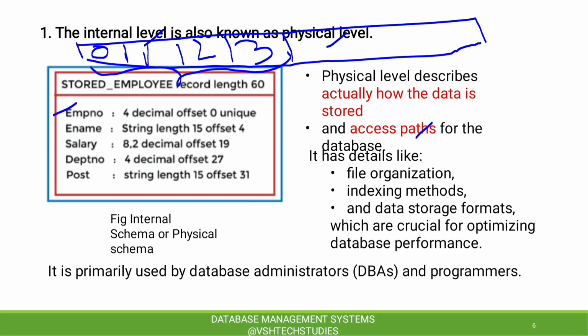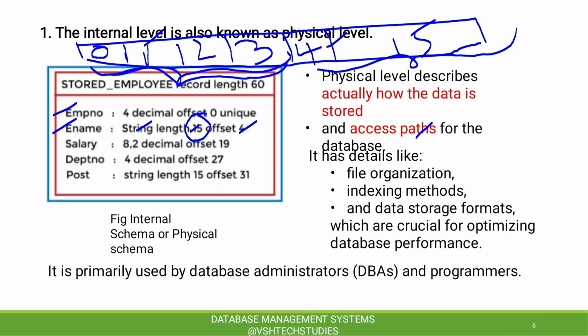Okay. So next column, if you consider E name. What kind of data? String, means characters. Offset 4 means 0 to 3 is over, so next memory space, that is byte 4. From there E name is stored. How many bytes of space is reserved there? 15 bytes of memory space is reserved.